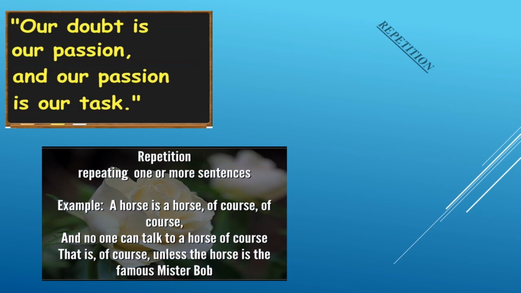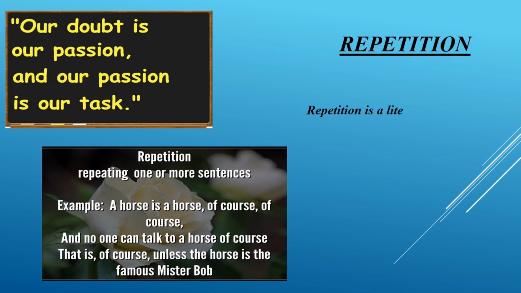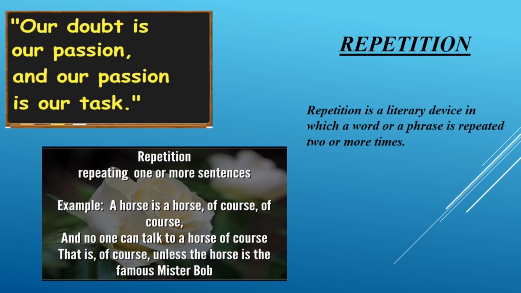Moving on, repetition. Very easy again. Repetition is a literary device in which a word or a phrase is repeated two or more times. For example, the rabbit ran round and round the tree. Here you see the word round is repeated twice.